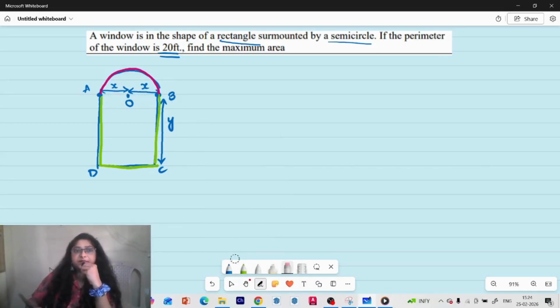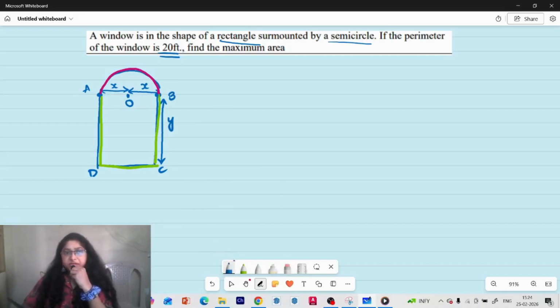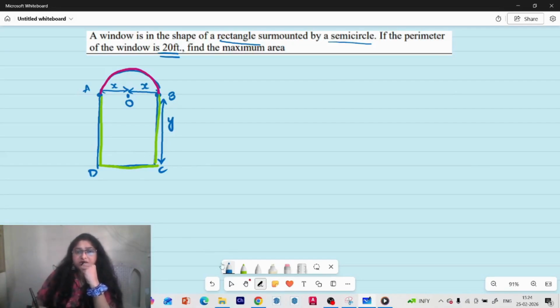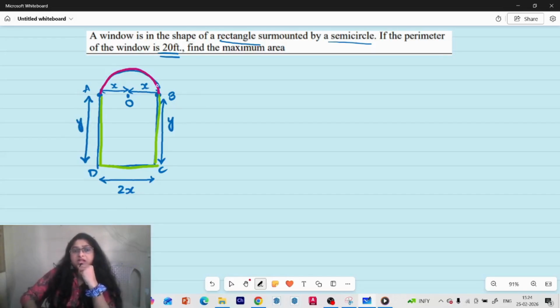This is missing, because for the window, it is just the semicircle with its three sides. Now let us also name our sides. Let's say this side here is 2x, since they are parallel, and obviously this side here is y. So what is the perimeter of this window now?